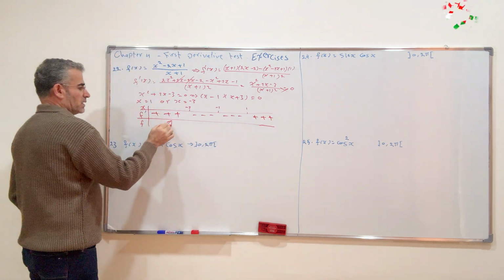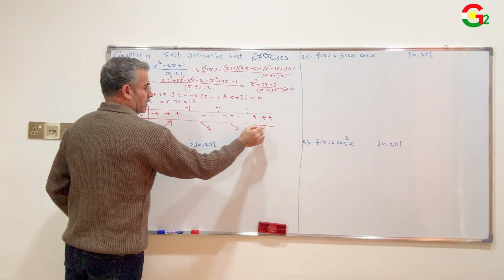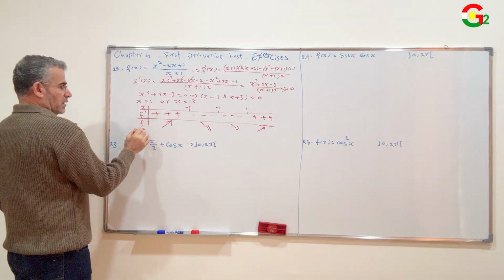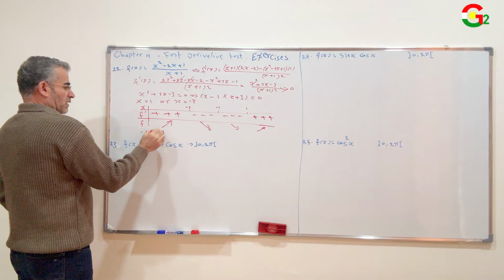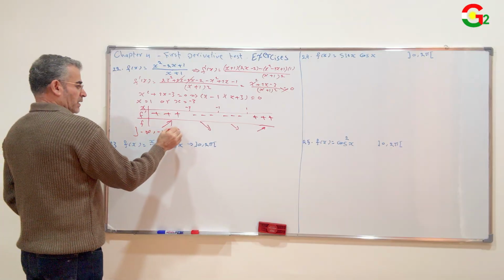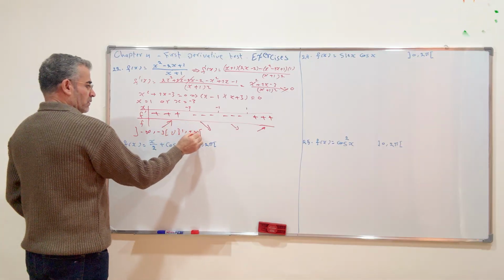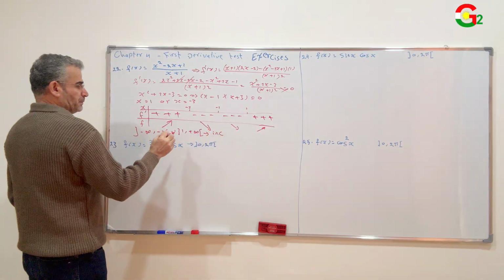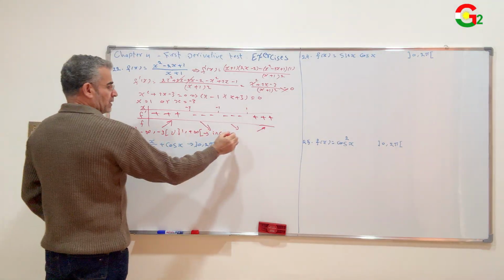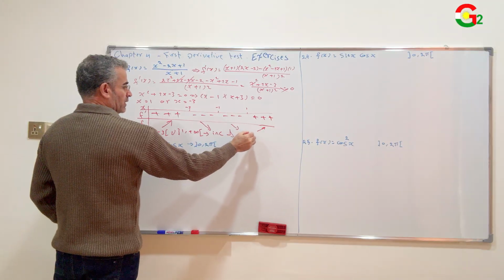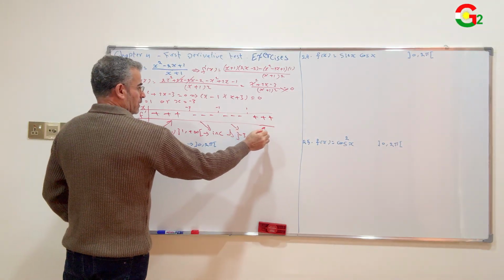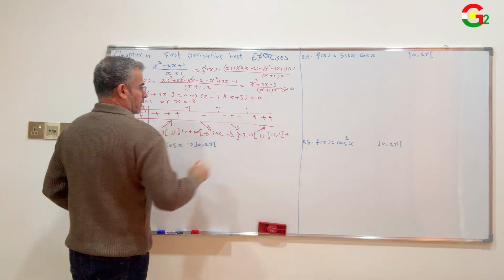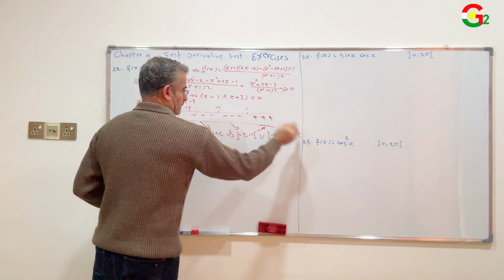Therefore the function is increasing from negative infinity to negative 3, union from 1 to positive infinity, and decreasing from negative 3 to negative 1, union from negative 1 to 1.